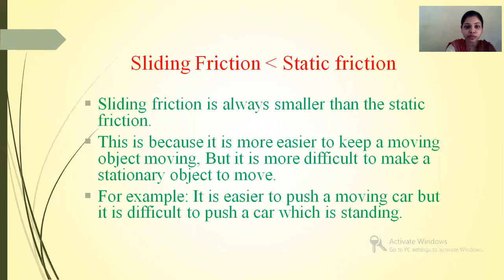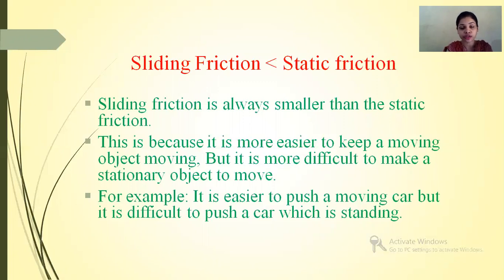And the chances of interlocking are also less in sliding friction, because the object is already in motion, so the chances of interlocking between the two surfaces are less. But in static friction, the object is at rest, so the chances of interlocking increase. And if the interlocking is greater, then it's not able to move the object from its position.